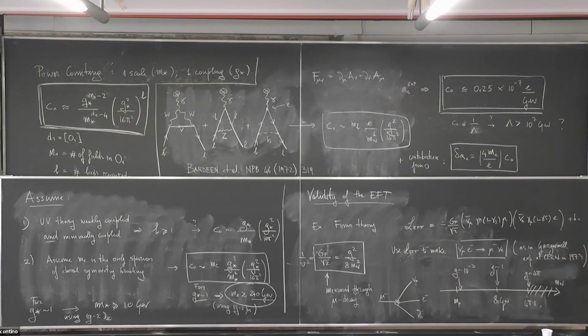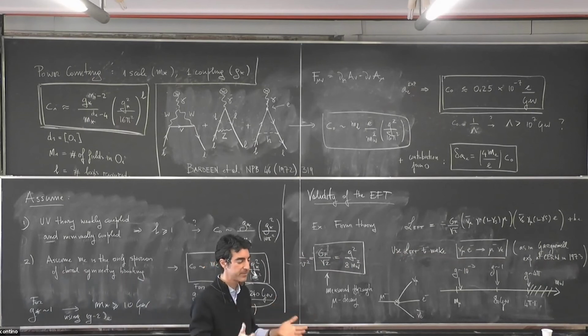So the answer to your question cannot be given unless you make an assumption on the value of the coupling. There must be some assumption on the UV dynamics that you have to make in order to answer this question: when is my effective field theory breaking down?